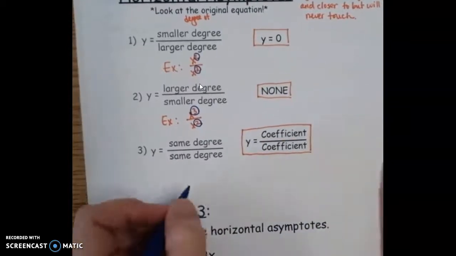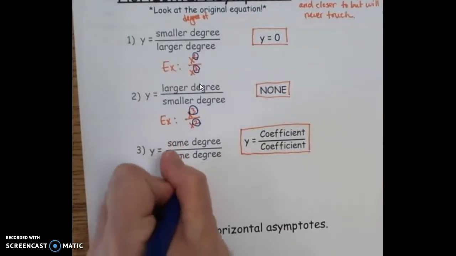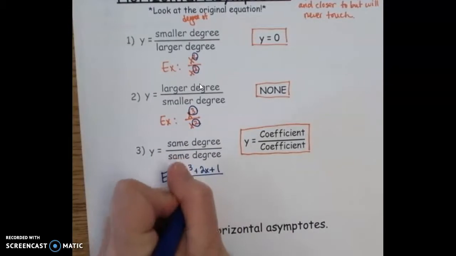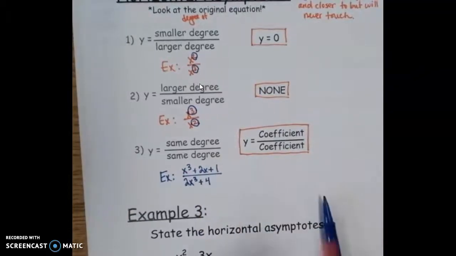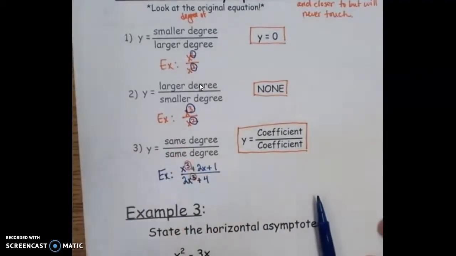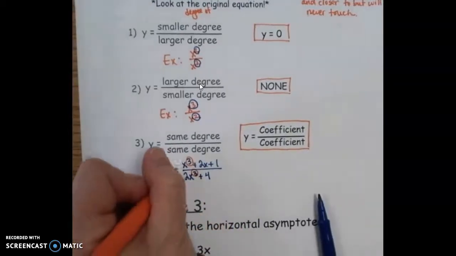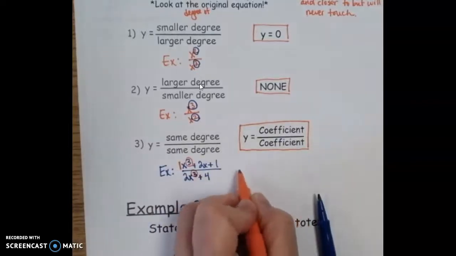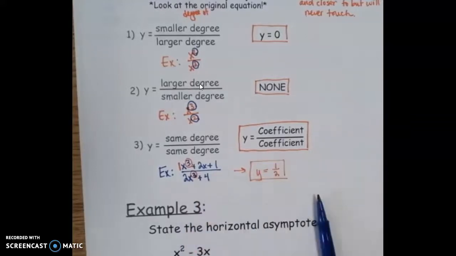An example of that would be, let's just say, x to the third plus 2x plus 1 over, let's do this, 2x to the third plus 4. The degree of my numerator is 3 and the degree of my denominator is 3. So you want to look at these coefficients, 1 over 2. So our horizontal asymptote would be at 1/2 in that case.